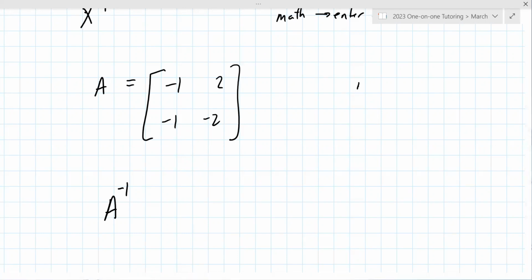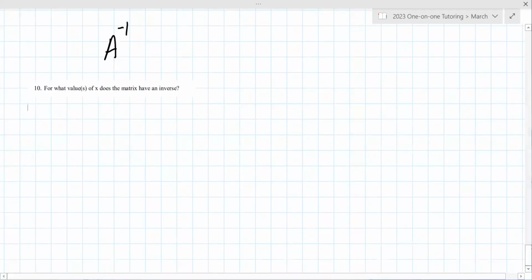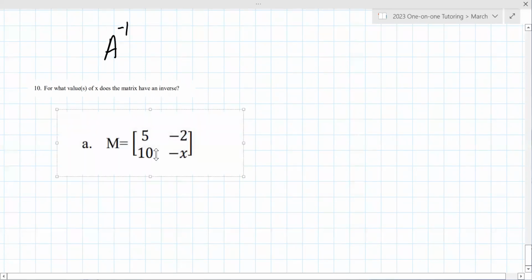10's a good problem because you can't use your calculator. This is the kind of question I would ask on a test, because you can't just put it in the calculator and get the answer. It requires a little more work. So to do 10, you always calculate the determinant first.